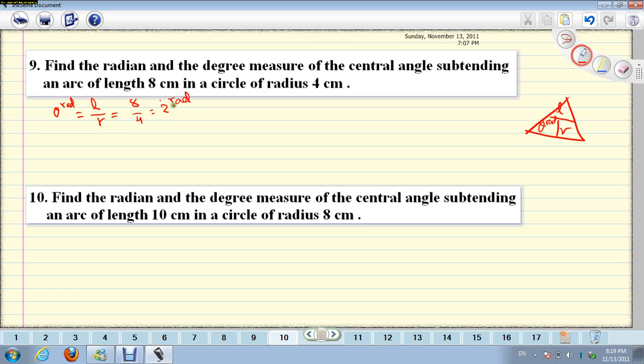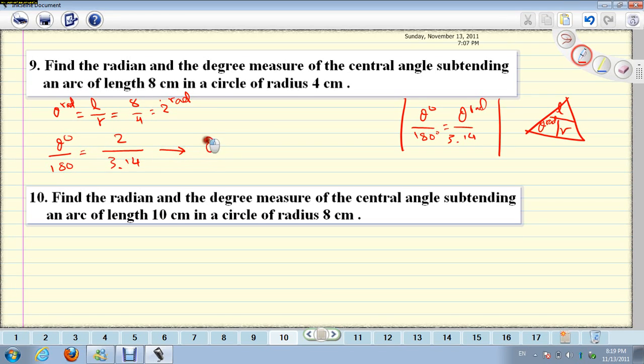Now I'm gonna convert 2 rads to degrees using another rule, which is theta degree over 180 equals theta rad over 3.14. I'm gonna write here theta degree over 180 equals 2 rad over 3.14 and make cross multiplication to get theta degree.